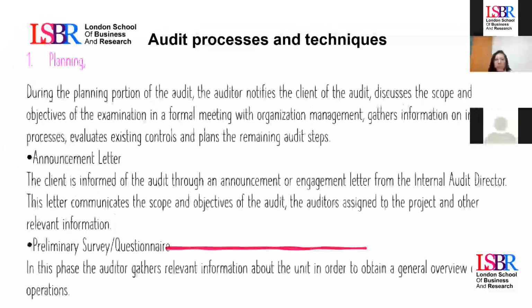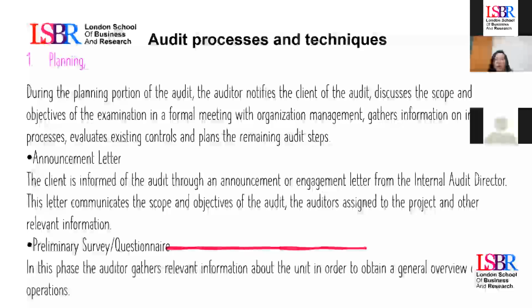Planning is when the auditor starts to get knowledge about the company. What are the regulations? What is the core of the company? What are the reports that the auditor needs to deliver to the company?